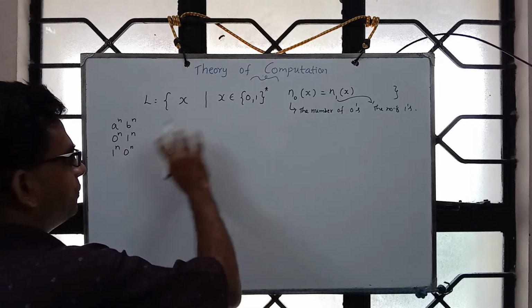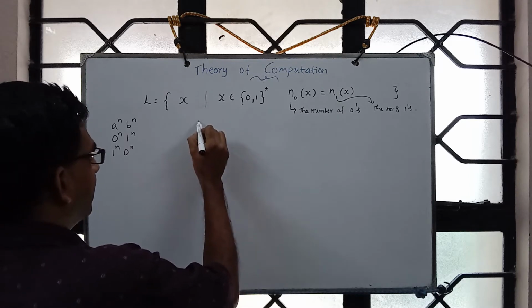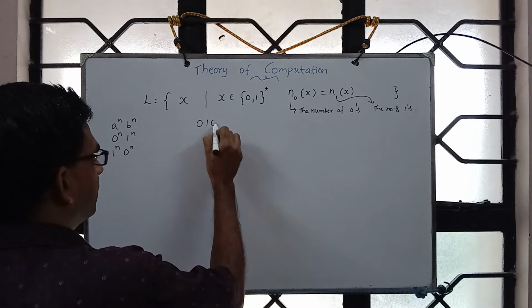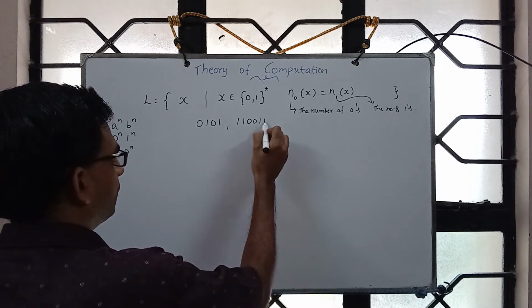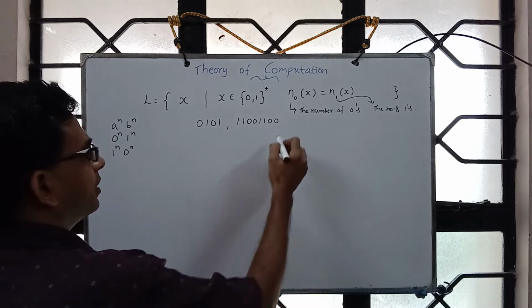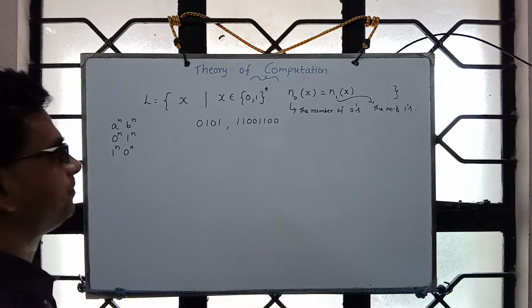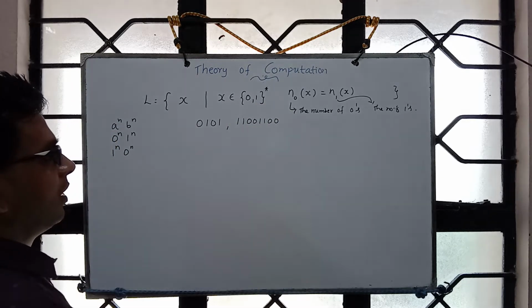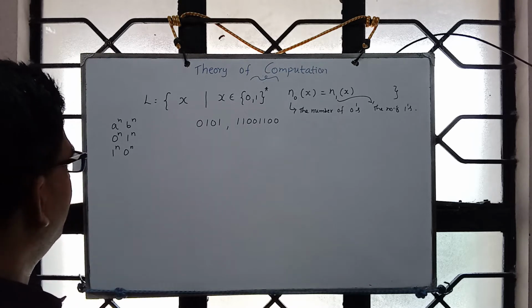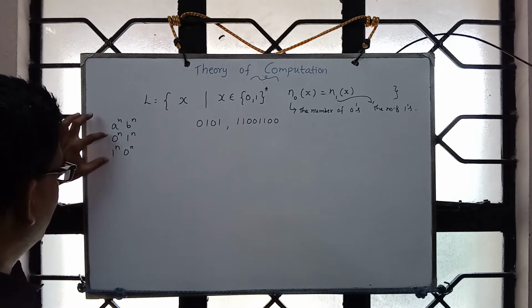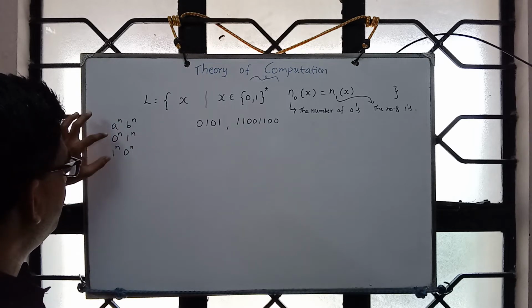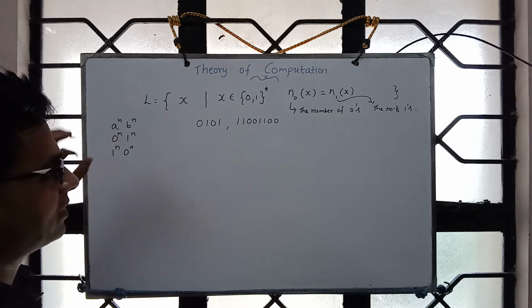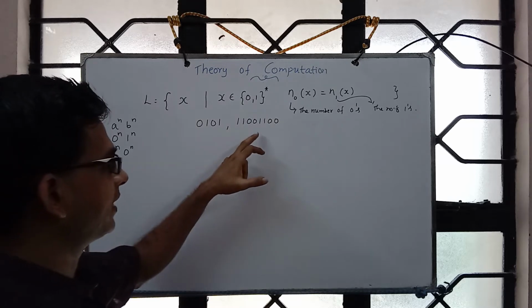Now, this one is a larger question, meaning strings like 01, 0111 0011, 00, and they are all part of this. But the thought process, the intuition we had in developing this CFG, will be of use over here as well.